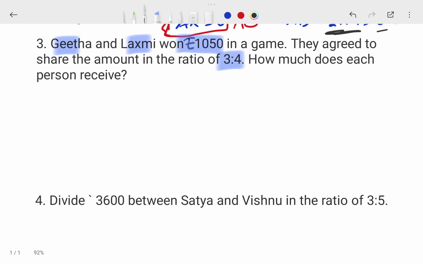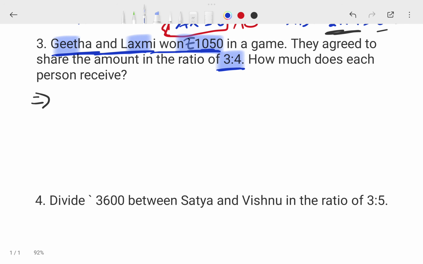So what will happen? There is Geeta and Lakshmi. Both won the match. They won 1050 rupees, and they shared that amount in the 3:4 ratio. But how much exactly Geeta gets and how much exactly Lakshmi gets, we don't know.